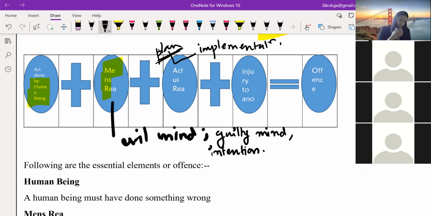Injury to another person. Generally हम लोग कहते हैं ना, ऑफेंस हुआ है, like चोरी हुई तो आपको कुछ नुकसान होता है, right? In case of dacoity, do you know what is a dacoity? Some sort of theft, right?